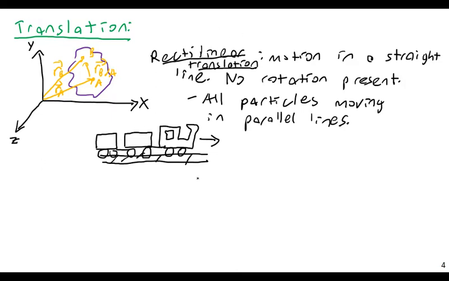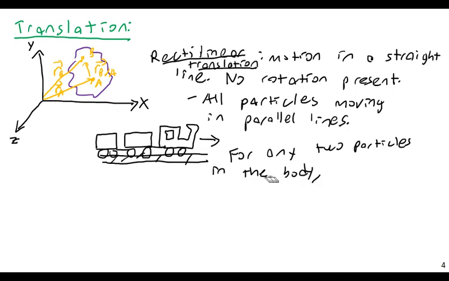And so again, for any two particles in the body, actually, let me do this down here. I think I'll just take up the whole slide for rectilinear motion. Virtual paper is cheap.